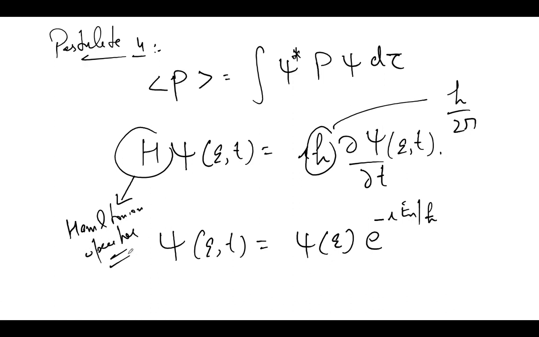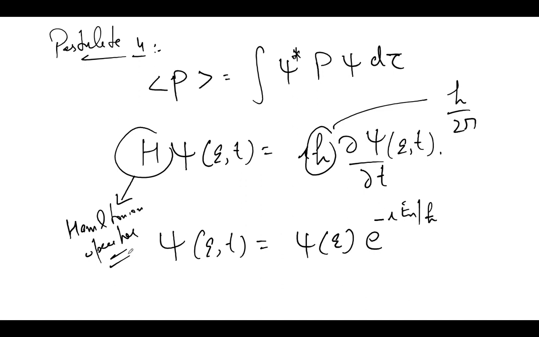So these are some of the notations and postulates which we will generally use in order to derive the statistical distribution of Bose-Einstein particles and Fermi-Dirac statistical particles.